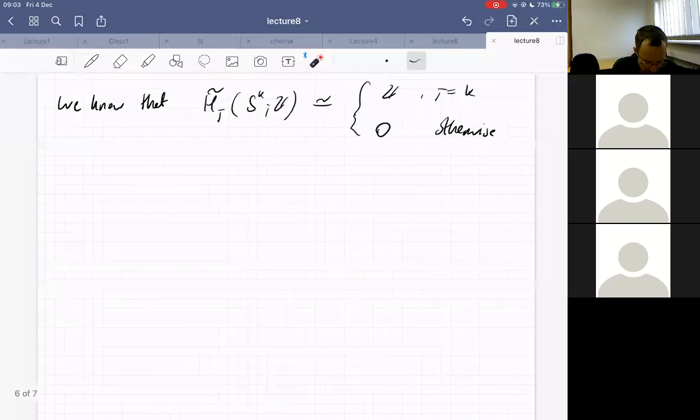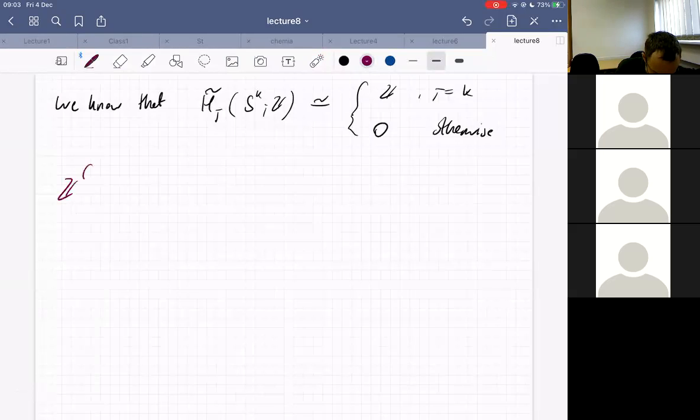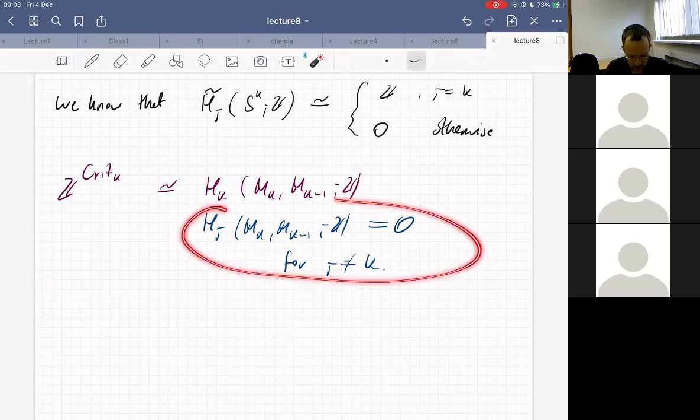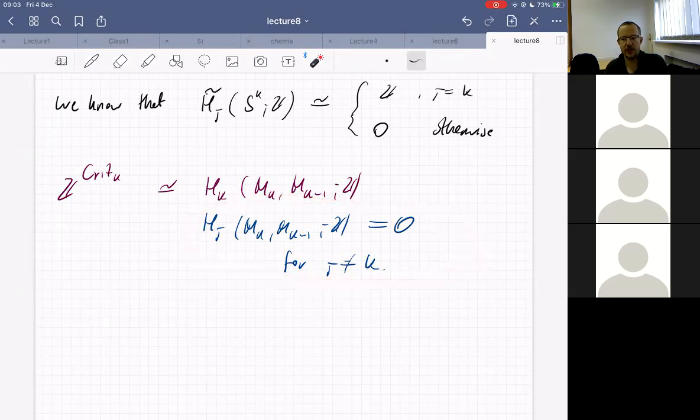So we have an isomorphism Z critical K with HK of MK minus 1, Z. And let us record that HJ is equal to 0 for J not equal to K. Unfortunately, we will have to use this fact as well at some moment, because this will be the most painful step.